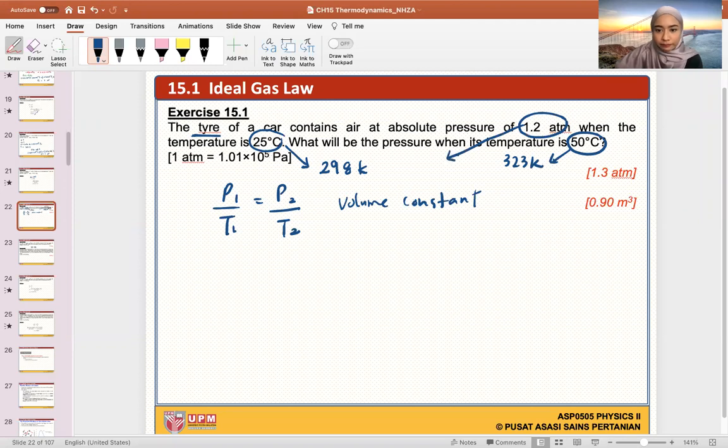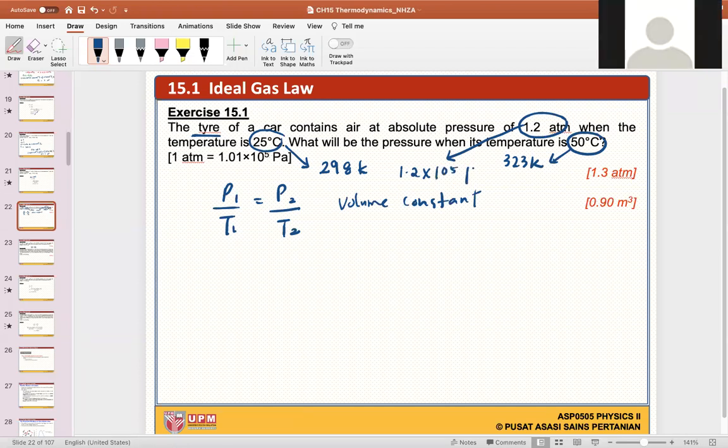Which is? How much did you get? I got 1.2. 1.2 times 10 to the 5. Okay, this is in Pascal.